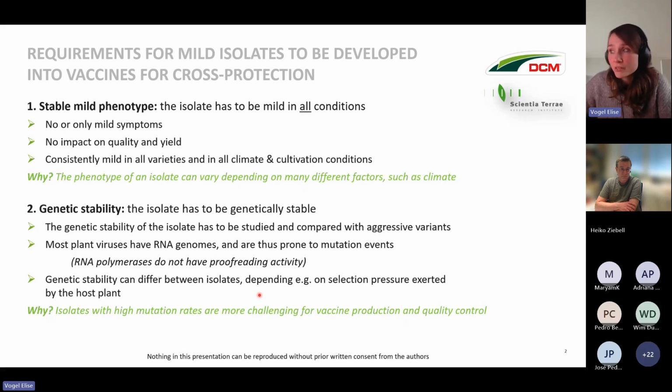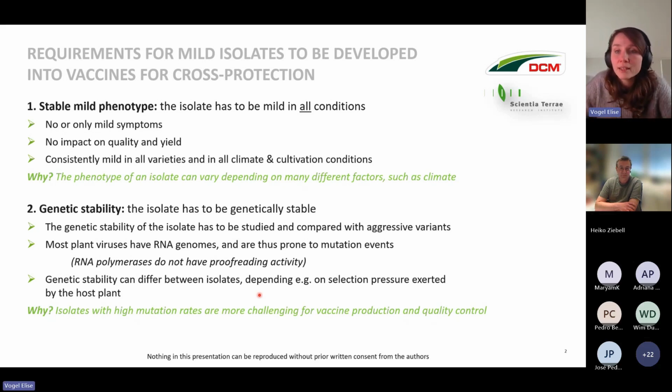The genetic stability of the isolates has to be studied and compared with aggressive variants. It can also differ between isolates. It can be very dependent on selection pressure by environmental conditions, but also selection pressure exerted by the host plant in any context.